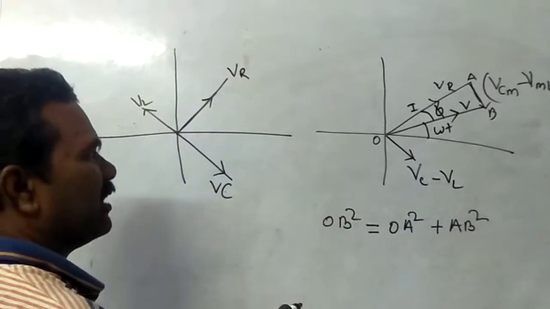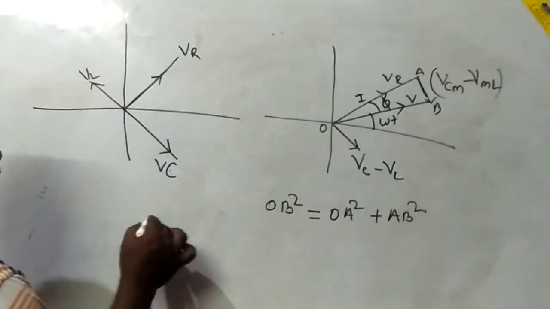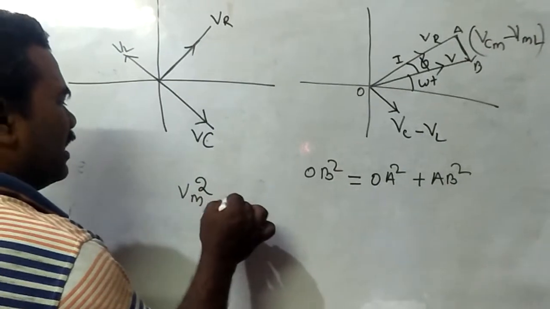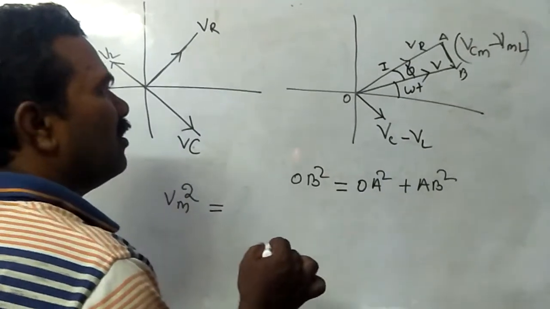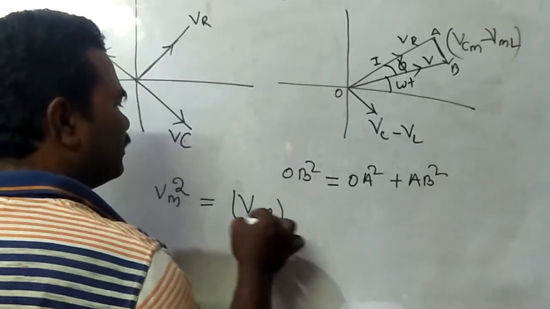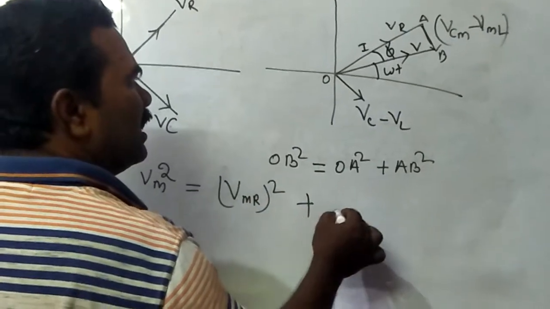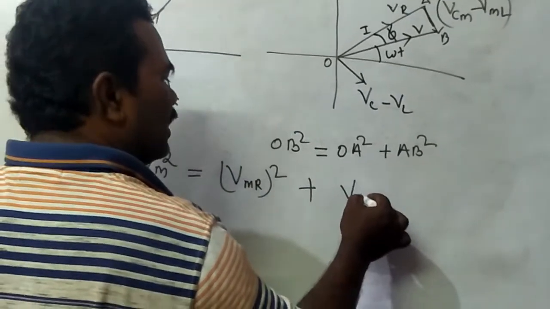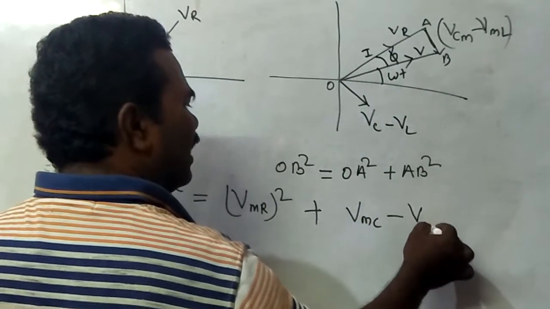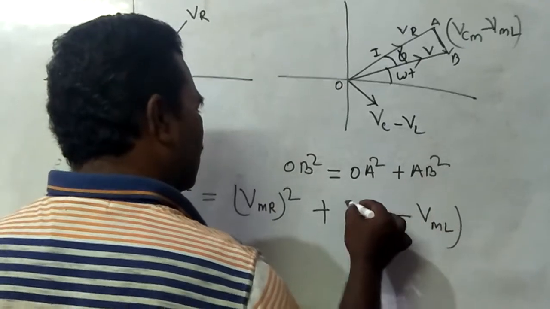The line OB represents Vm, so Vm square is equal to OA square, which represents VMR square, plus AB square, which represents VMC minus VML, whole square.